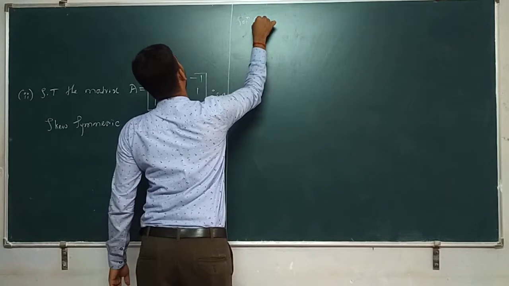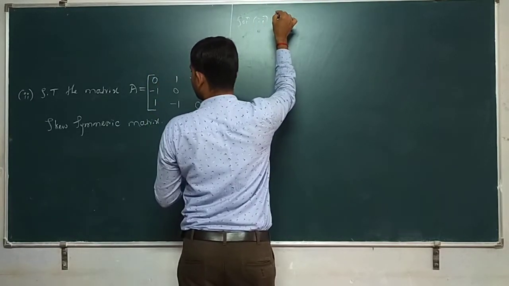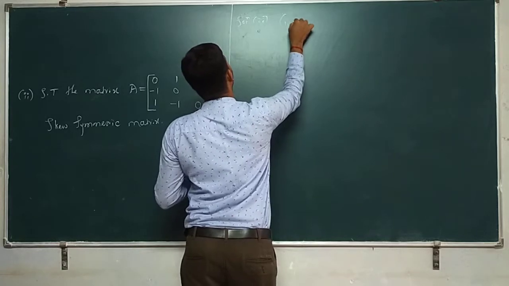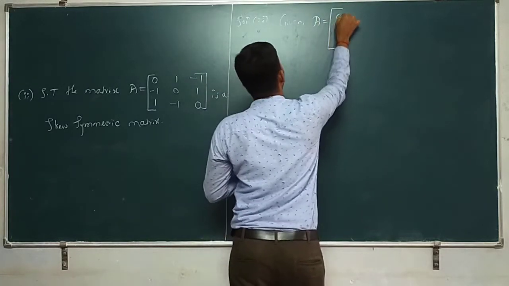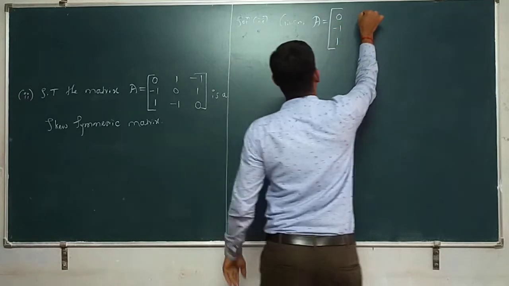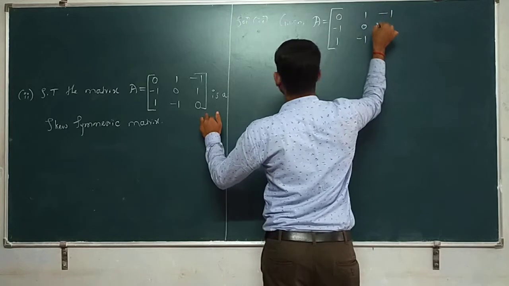Solution 2, show that the matrix is skew symmetric. Given A is equal to 0 minus 1 1, 1 0 minus 1, minus 1 1 0.